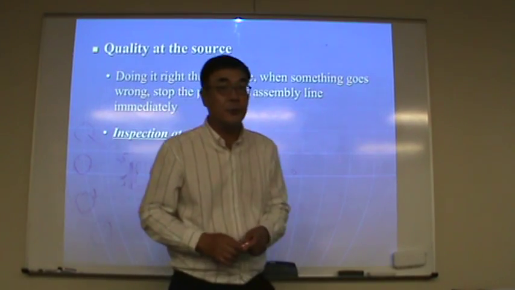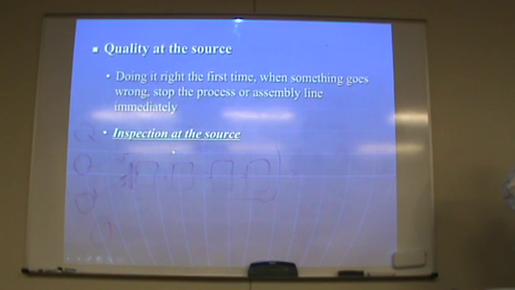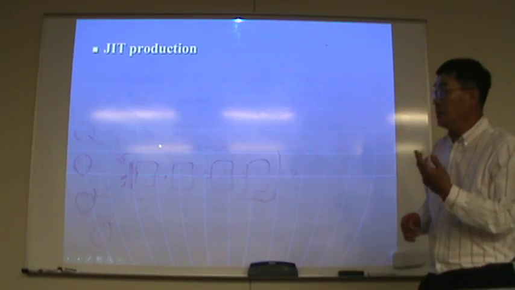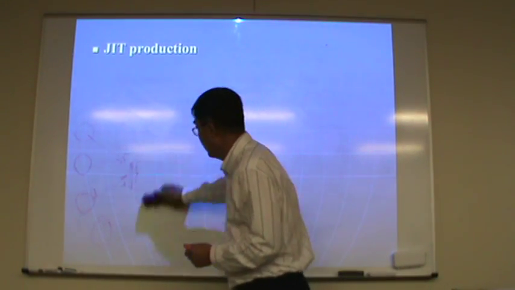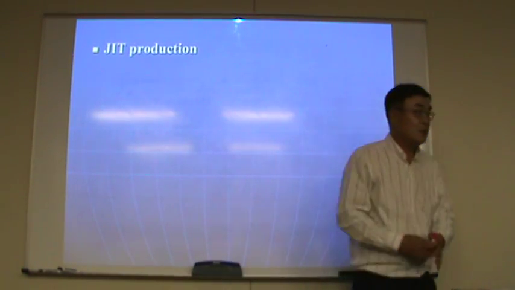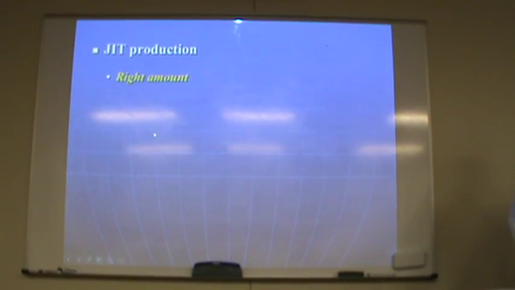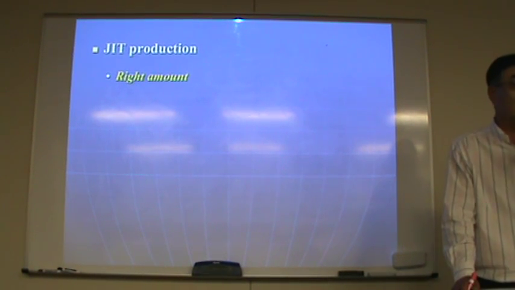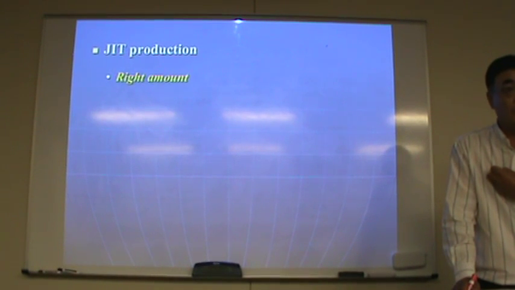So using quality at the source. Hyundai uses this one too. And JIT production: if something is satisfied, then we can call that JIT production. If we can receive the right amount, if I need 100, receive 100, we don't need inventory, right?